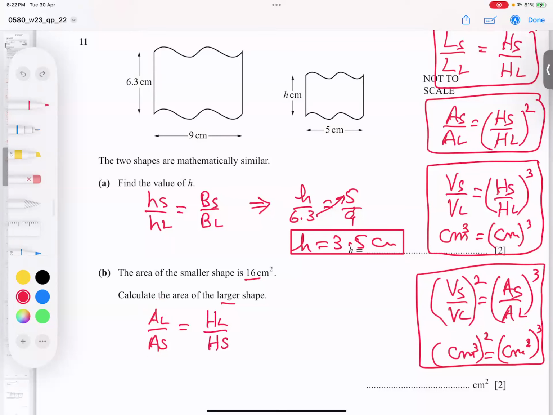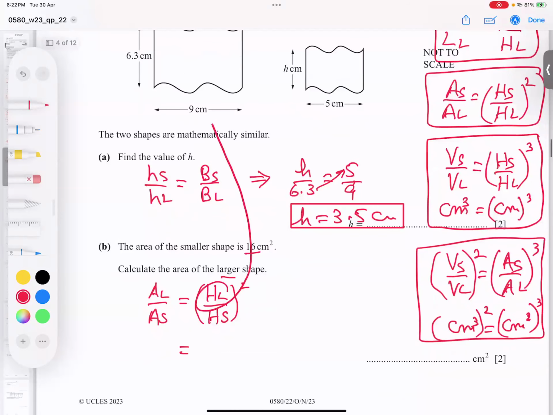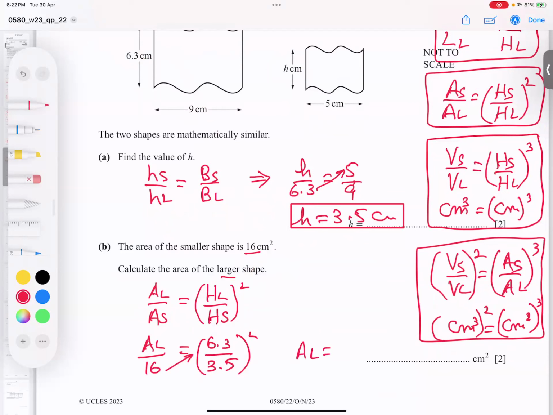Area is already centimeter squared. Here, I will put power 2. The height of the large is 6.3, and height of small is, I just got it, 3.5. Area of the large is unknown, area small is 16. And it will just multiply there. So let me type in the calculator all together.